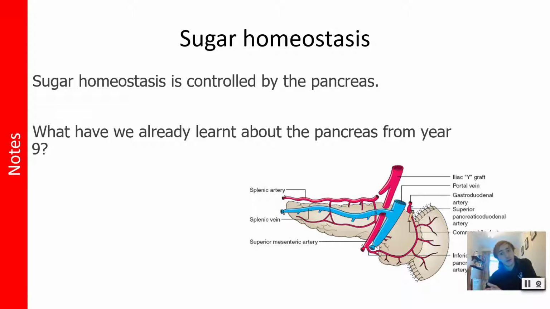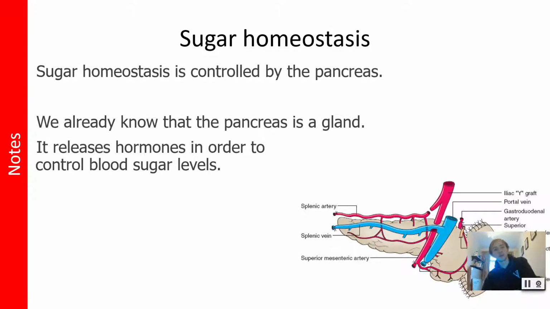But the other thing you need to know about the pancreas is, as well as releasing the hormones that control sugar homeostasis, it also releases digestive enzymes, proteases, lipases, carbohydrases that break down your food in the small intestine. So, it is a gland. It releases hormones to control blood sugar levels, and we're going to learn how that works now.